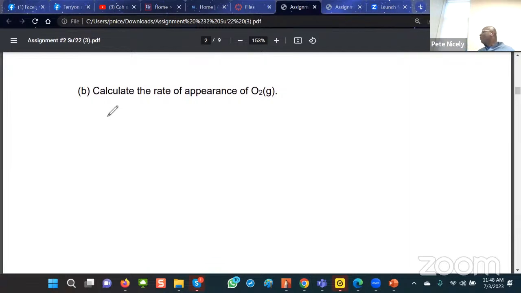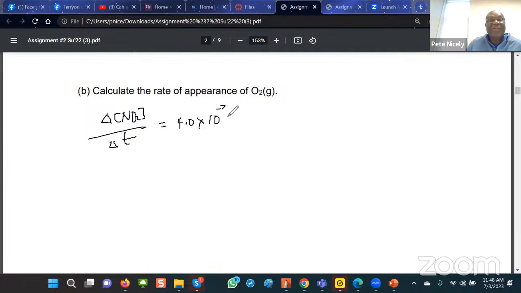Let me remind you that according to the information given in the question, the change in concentration of NO2 over change in time would be equal to 4.0 times 10 to the minus 3 M over S. All right, so that's what the question gave you, right?